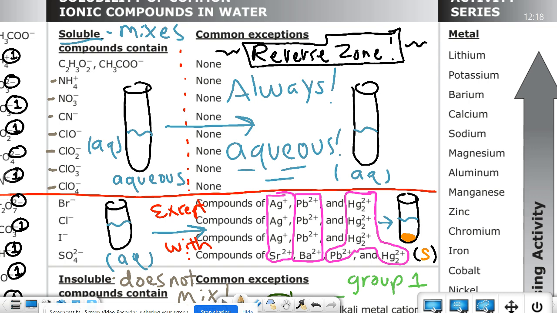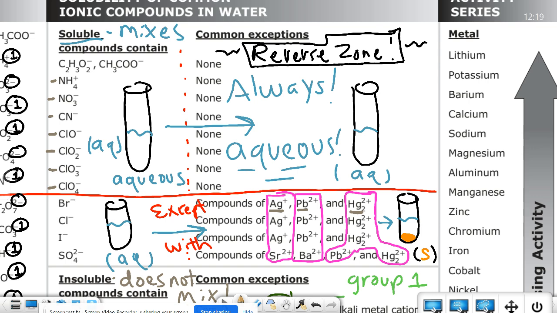All right. So this second zone here is going to be considered aqueous most of the time. So most of the time they make liquid compounds. They dissolve easily in water, and they're just basically going to break apart, except for if they get with any of these ions. So silver, which is Ag, lead, or mercury. These are heavier metals, and when they connect with the anions, then they're going to clump together and make solids. They're going to be insoluble.